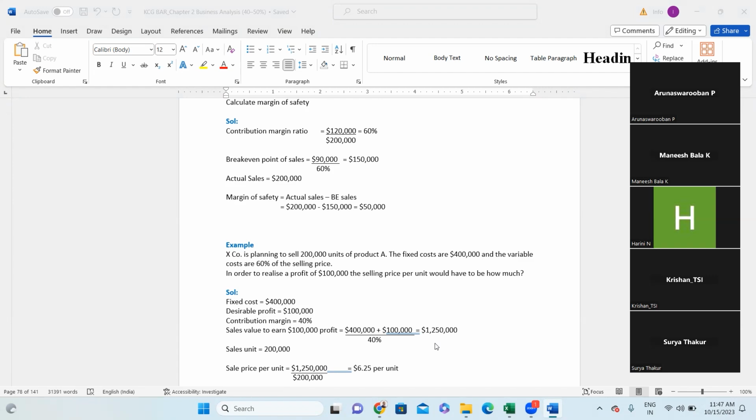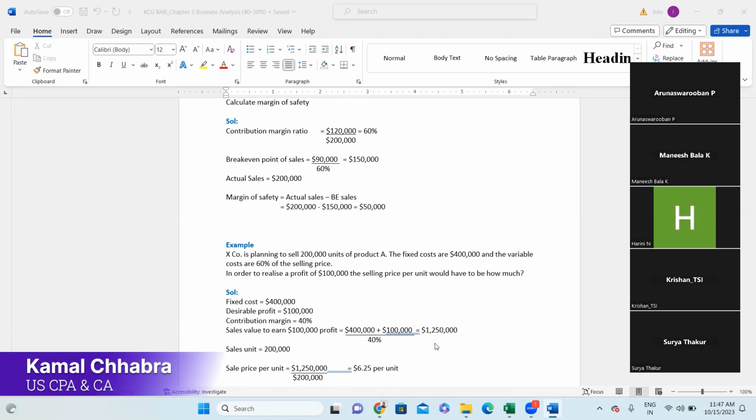Your sales unit is 200,000. That is given in the question. So the core of the question is what will be the sales price? So $1.25 million divided by sales unit, right? So that is $6.25 per unit should be your sales price. Make sense?